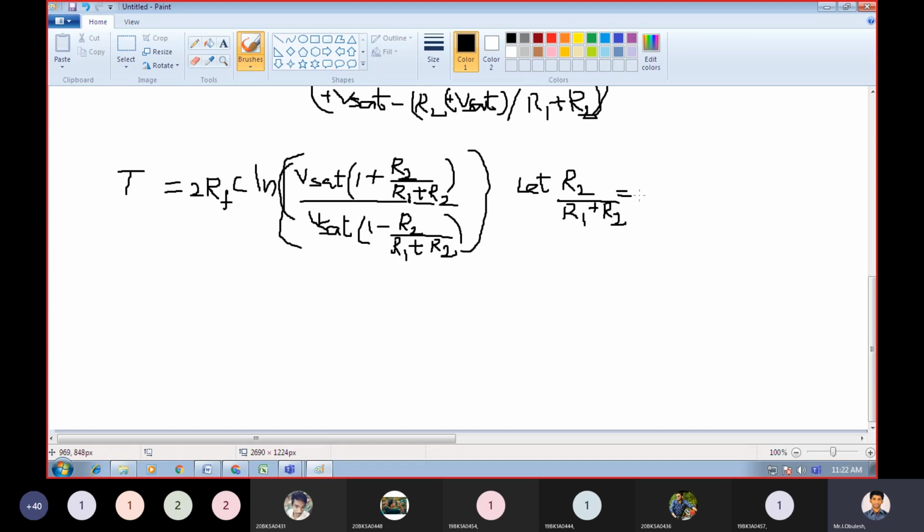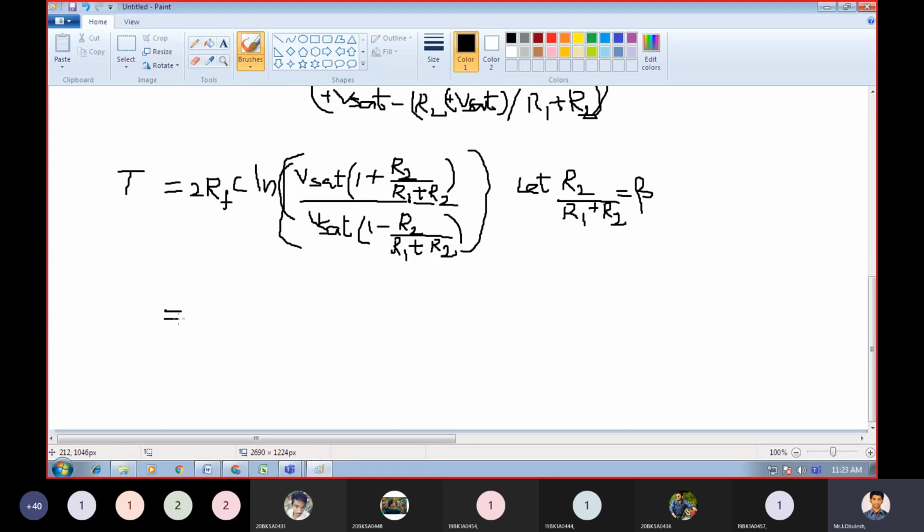Then substitute beta instead of R2 by R1 plus R2, and simplify the expression for T.